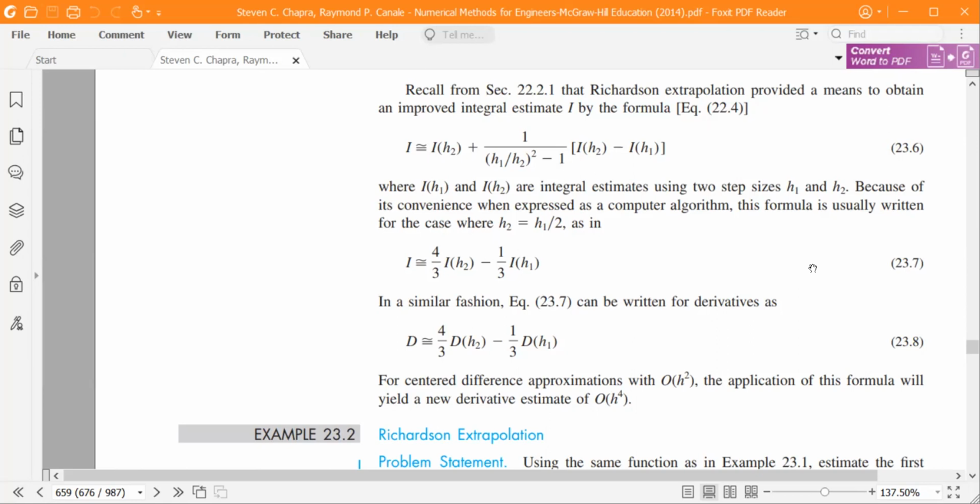Any of the algorithms that we discussed earlier, in tables 23.1 to 23.3, can be used to calculate D(H2) and D(H1). They can be calculated by using central difference, forward difference, or backward difference. Let us start with an example, then we'll find how the improvement can be made.